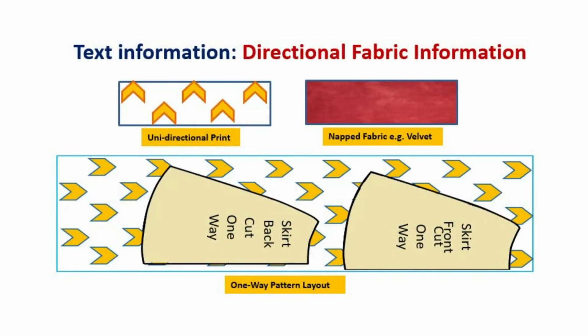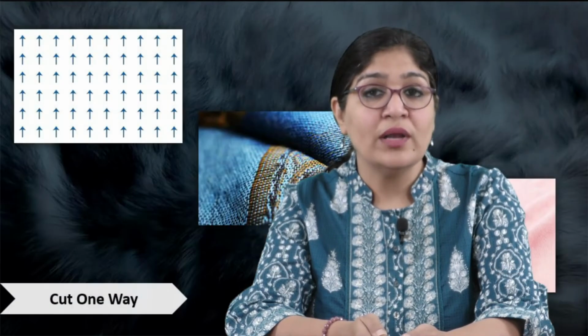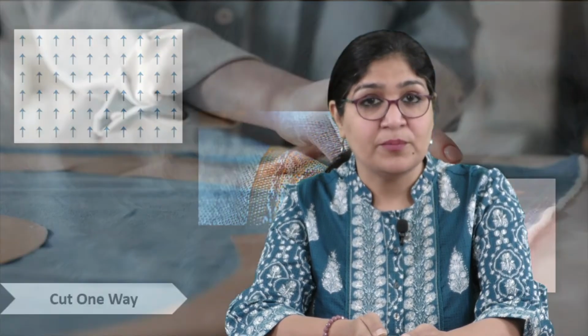Another piece of written information is mentioned only in the case of fabrics having a unidirectional print or weave, or a napped fabric like velvet, fur, etc. This instruction is written as cut one way on the pattern.